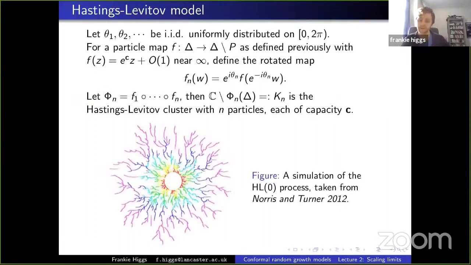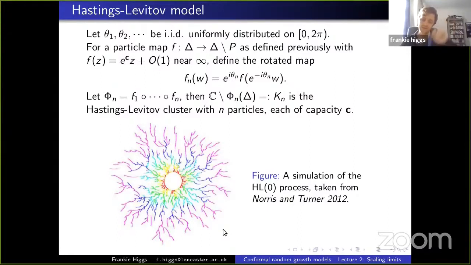So I'll very quickly recap the Hastings-Levitov model, which we'll be using. I won't go into alpha. We let the particle angles, the attachment points, be independent and identically distributed uniformly between 0 and 2 pi. As George pointed out, this corresponds to attaching at a point on the boundary of the cluster selected according to harmonic measure.